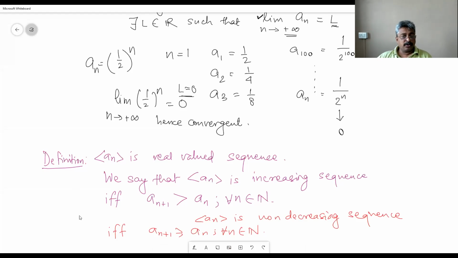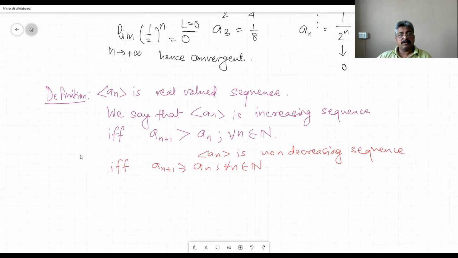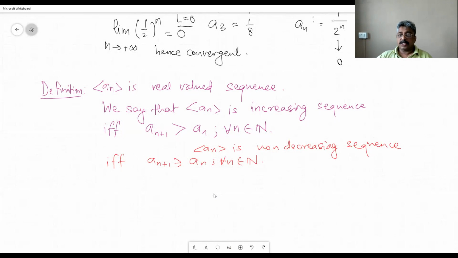Okay, so now I am going to give you a thought. You just keep on thinking and then we will try to arrive at a conclusion. Now, I have an increasing sequence and I say that it is bounded above.